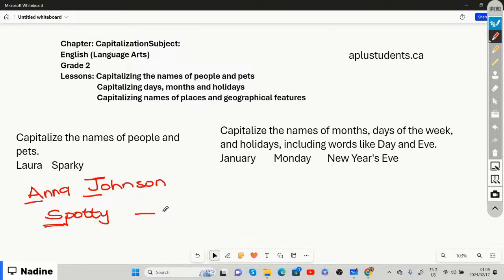But if you're just going to say this is my dog or this is my cat, dog and cat are in lowercase, small letters. If you give the name of your pet, then we capitalize it.